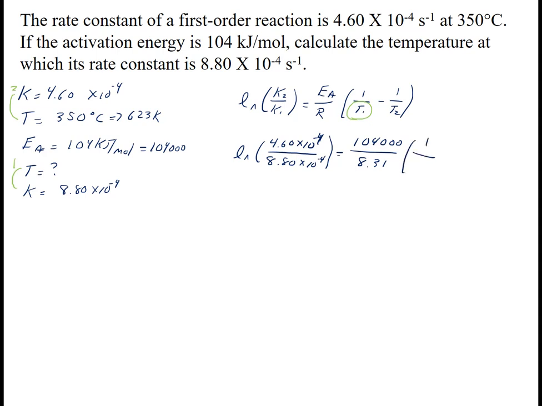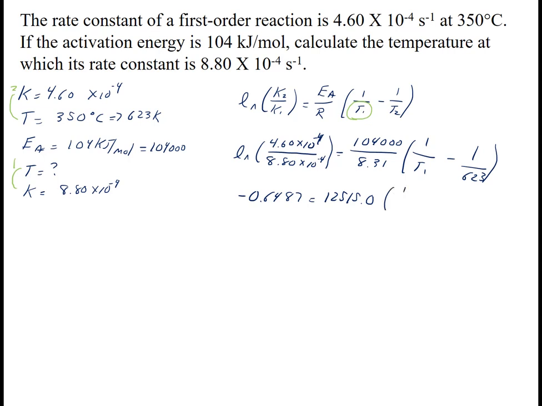This is my unknown, T1, minus 1 over 623. Since I have both the top and bottom of this fraction, I can do this. So natural log of this fraction gives me a negative 0.6487. Taking 104,000 divided by 8.31 gives me 12,515.0.